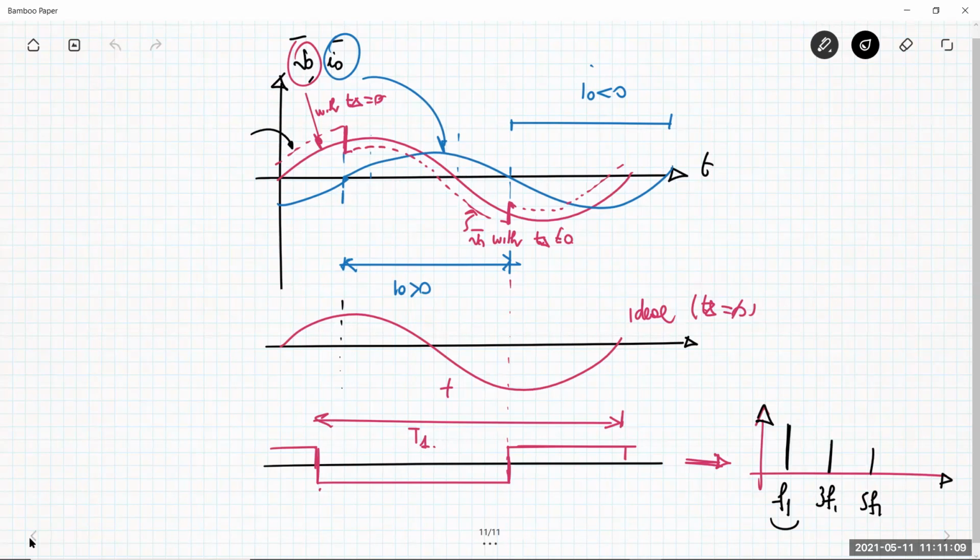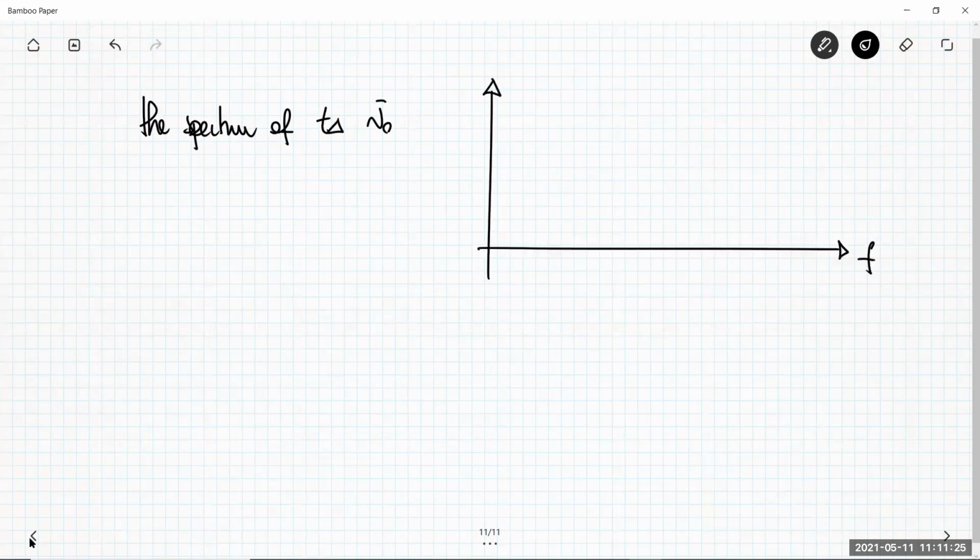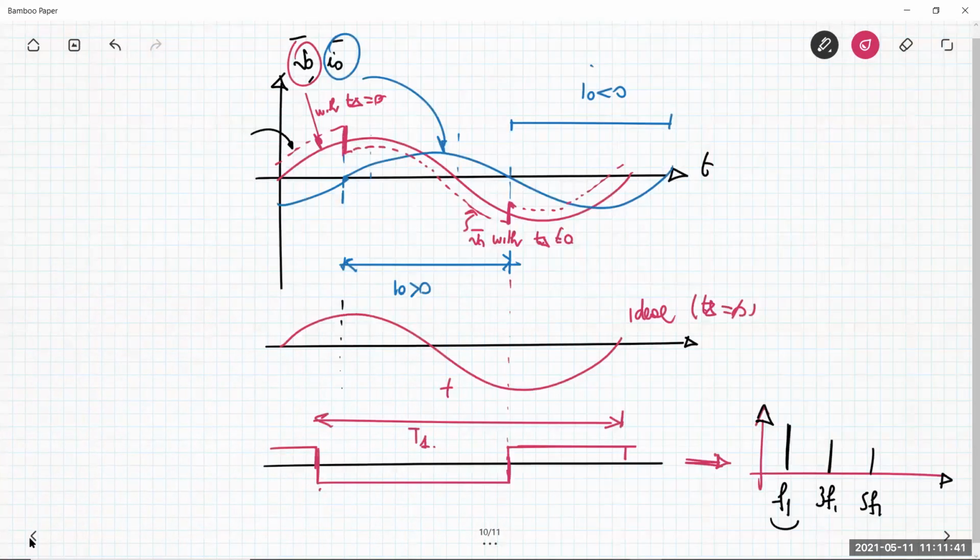But anyway, if you look at the spectrum of T delta V naught, you can see that you have F1, then you have odd harmonics that result basically from these steps here occurring with the frequency of T1.